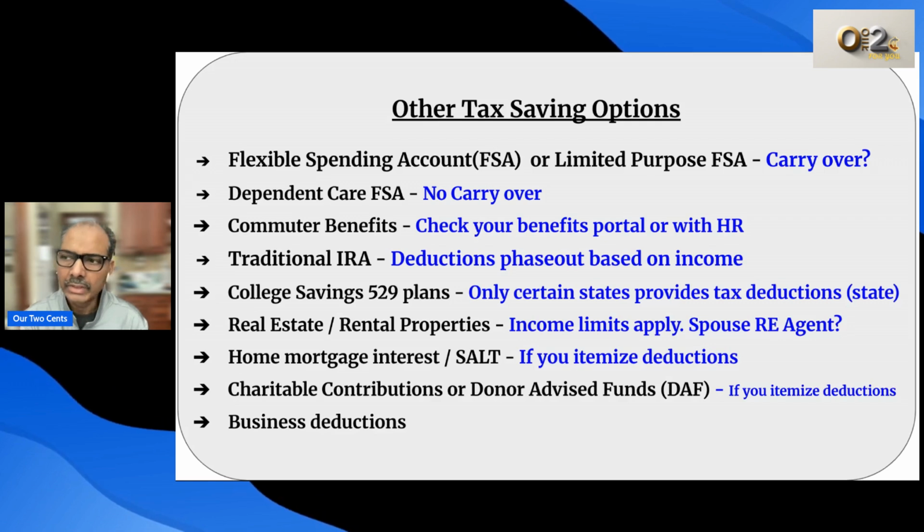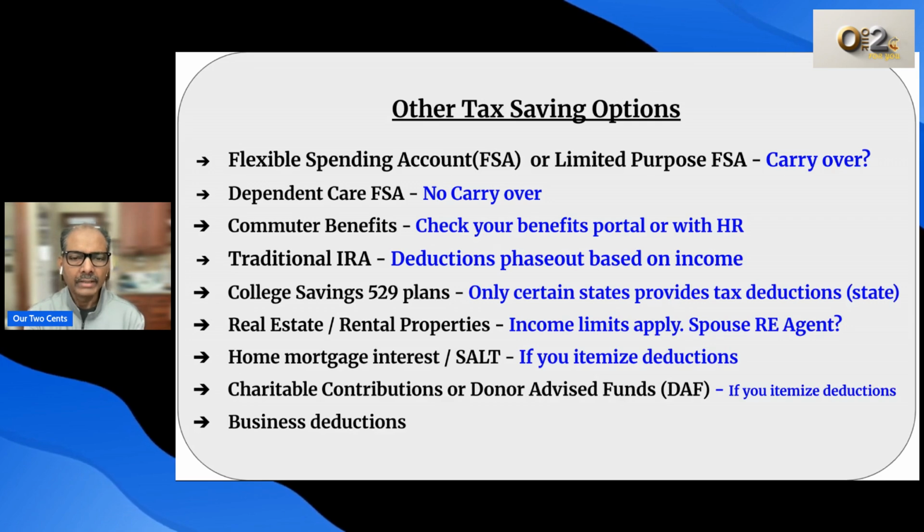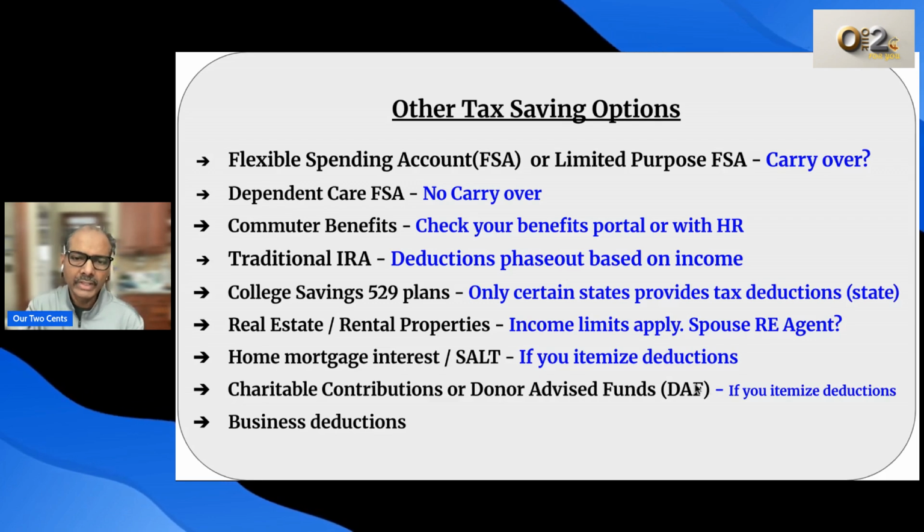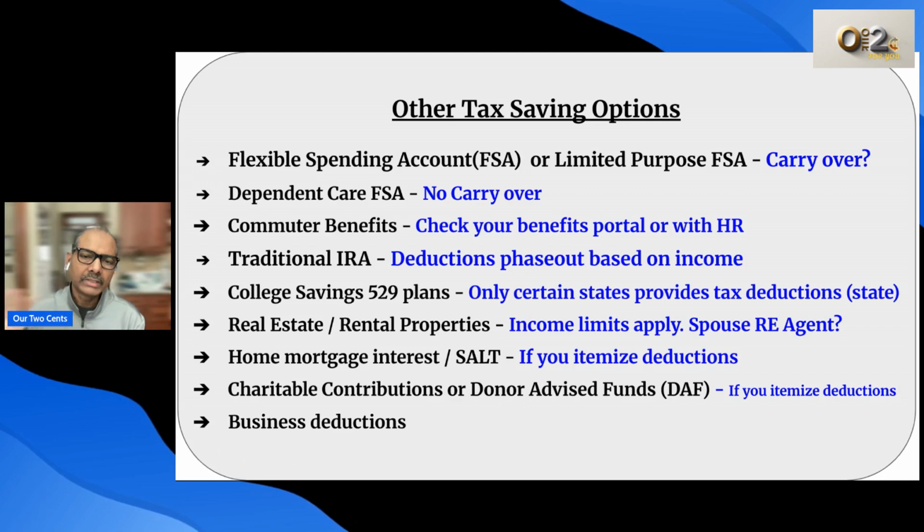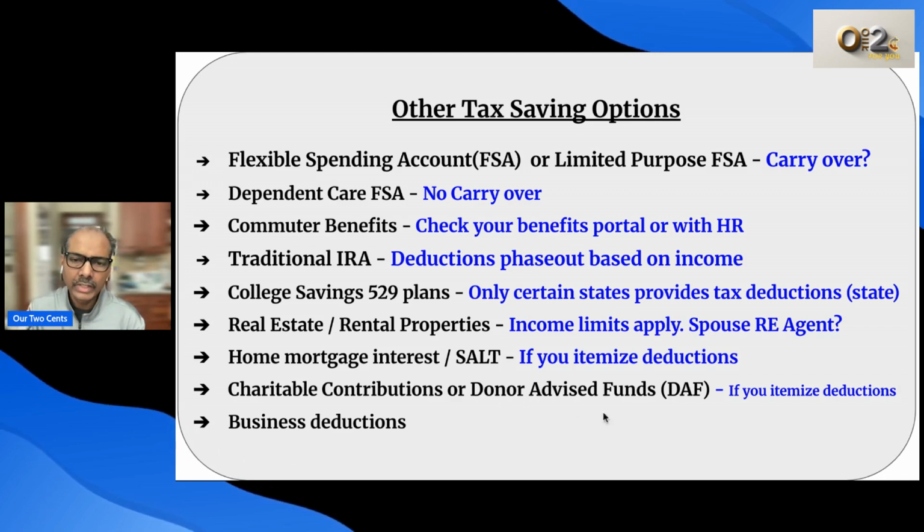Let's say you have a big bonus or you sold a lot of stocks and you have a lot more money and you want to have some tax benefits coming out of that. Something called a donor advised fund is available for you. The difference here is you contribute, let's say, $10,000 towards the donor advised fund.